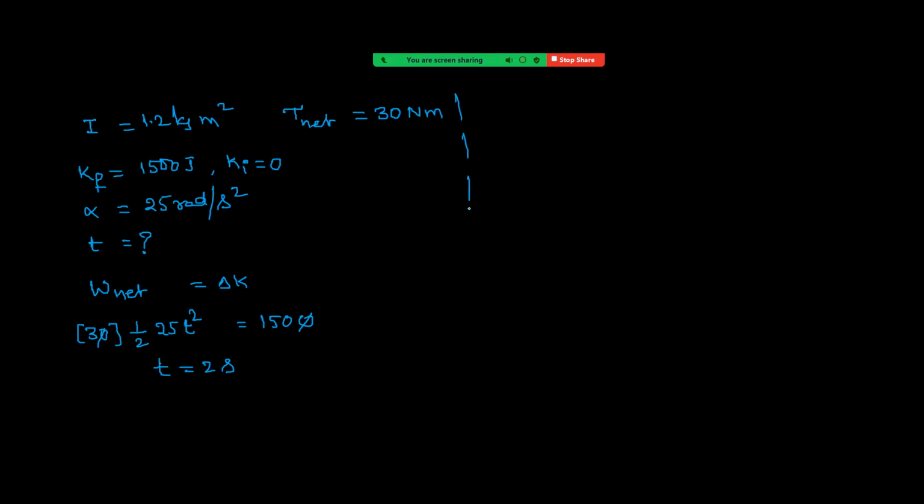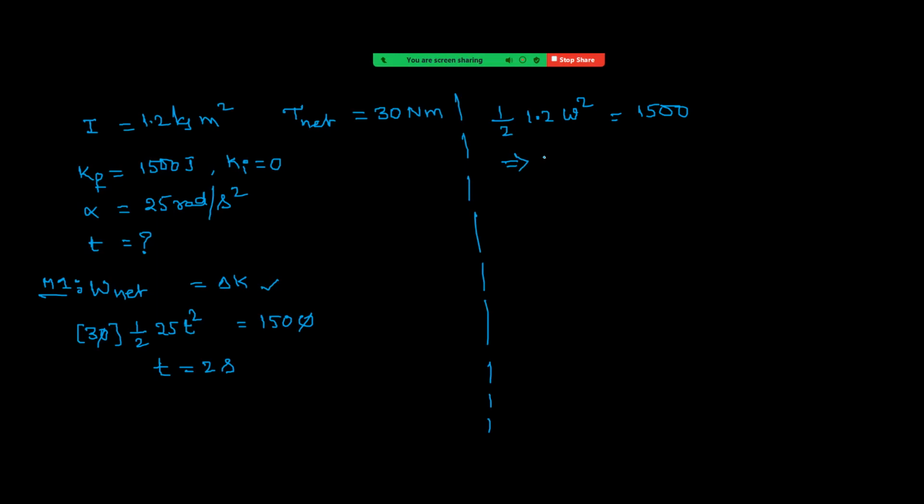Now do one thing. Let us solve the same thing in a different way. So here we have taken using work energy theorem, right? So here, since the kinetic energy is known, this we can take as method 1. Let us do one thing. Kinetic energy half I omega square equal to 1500, right?